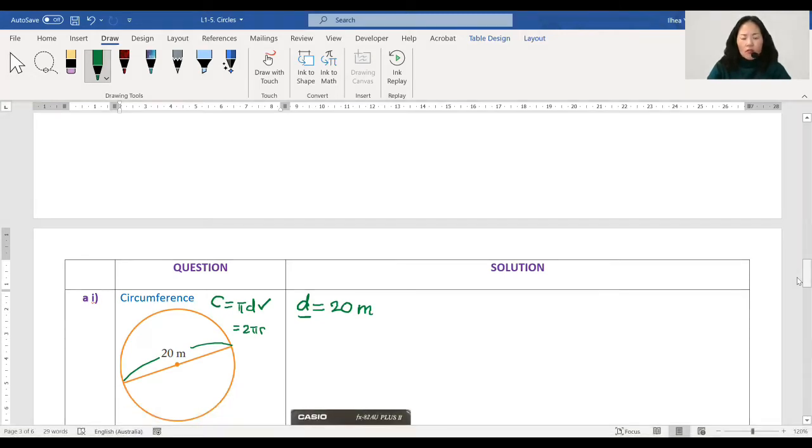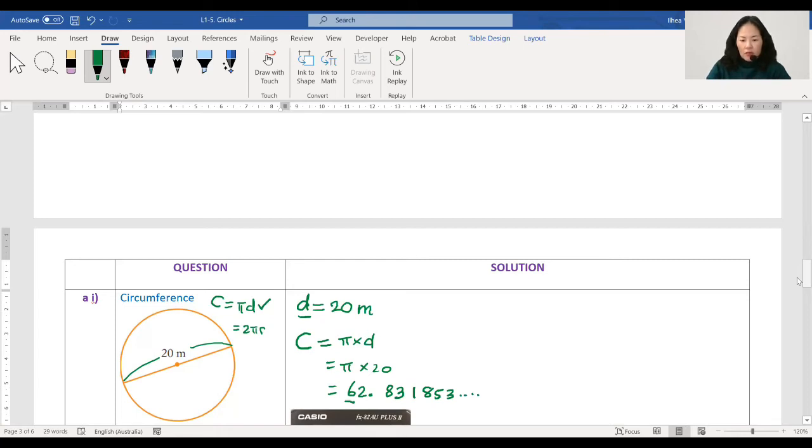So I've got diameter as 20, and I need to find the circumference, which is pi times d. And d is 20. Now I'll put all that into my calculator. I will get 62.831853... But the answer should be in 2 decimal places.